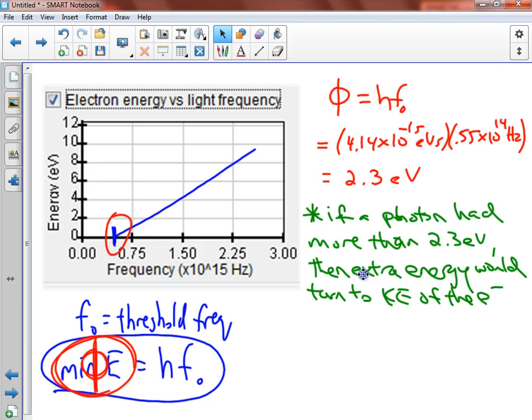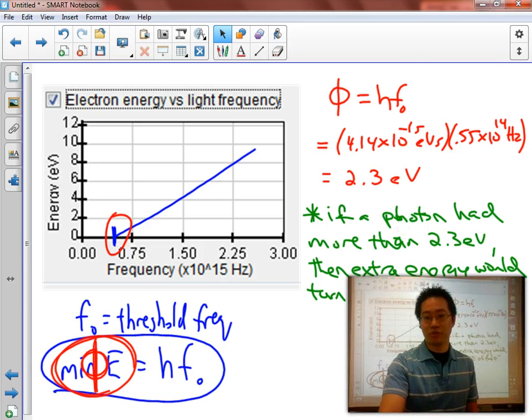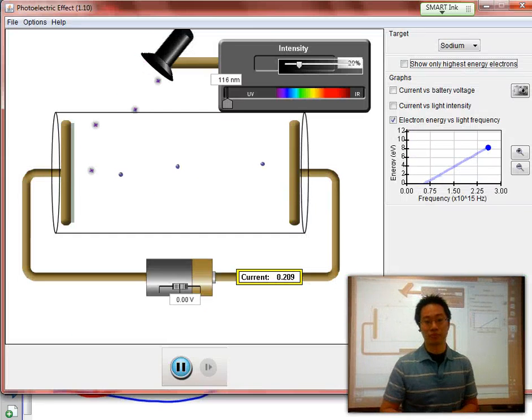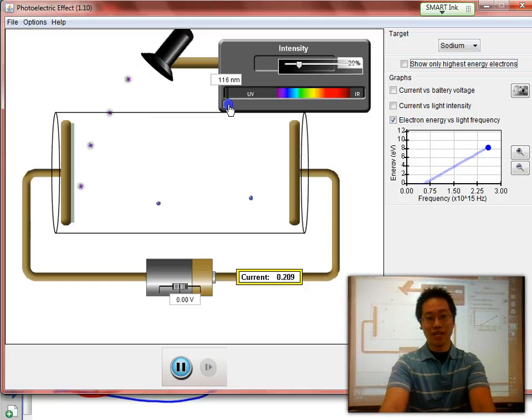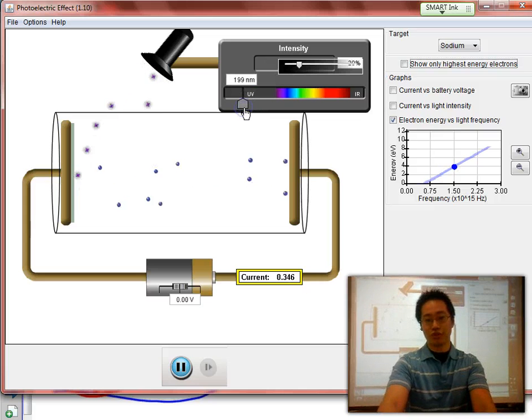Okay, and let's actually take a look at our simulation just to make sure that that is happening. So right now we have a graph here. Let's move it to approximately 200 nanometers.